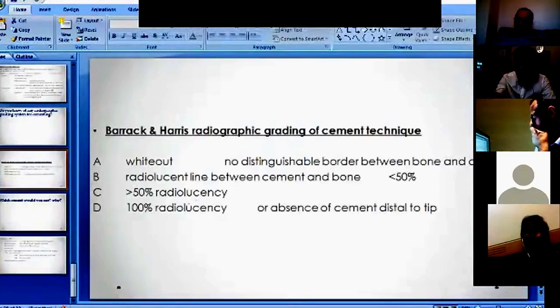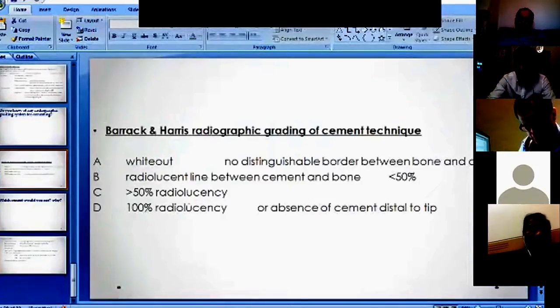Third generation was vacuum mixing, pulse lavage, cement pressurization, and proximal centralization, distal centralization. Fourth generation is all of the above with distal and proximal prosthesis centralization. And that gives an even cement mantle all around the prosthesis, which is Barrack grading A.